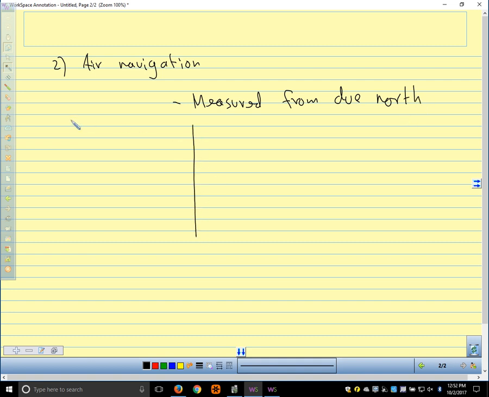So if we had a bearing of 192 degrees, what they're talking about there is, if this is north, it would be this angle.